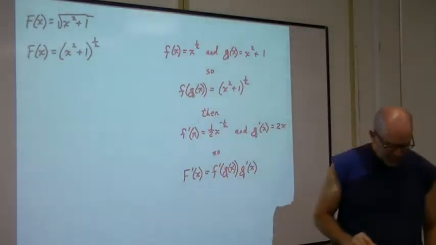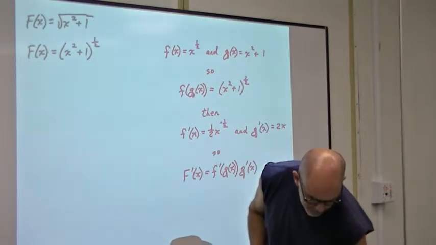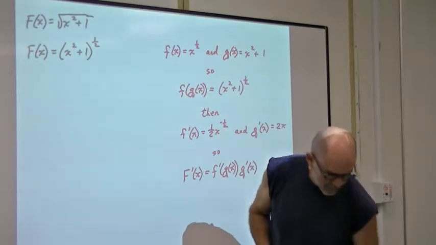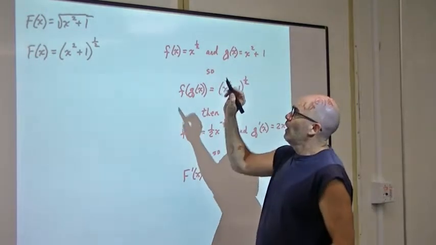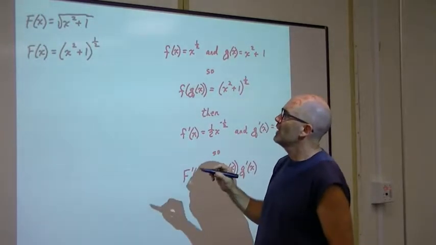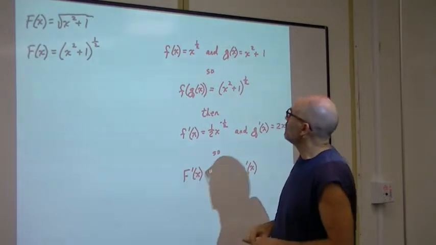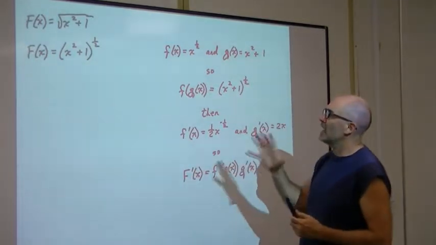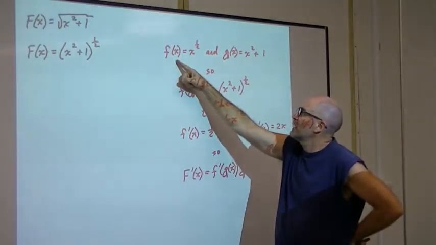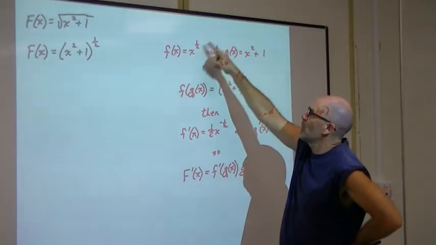All right, so we start with the function capital F of x equals the square root of x squared plus 1. Now this really is a composite function because small f of x is going to equal x to the 1/2, or the square root of x.